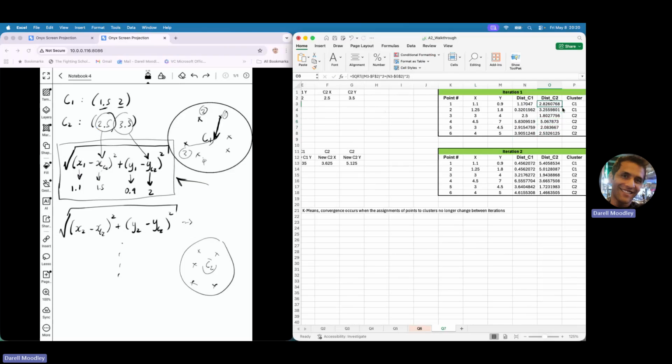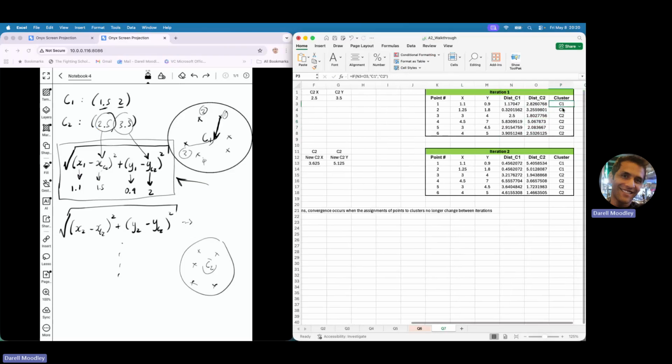So you've got the distance for each point to each centroid, and then remember, if a point is closer to centroid 1, meaning the distance is shorter than the distance to centroid 2, then it would belong to centroid 1 because it's closer to that center. That's what's happening here. Now, I prefer to use an if statement. You can do it manually by looking at it by eye.